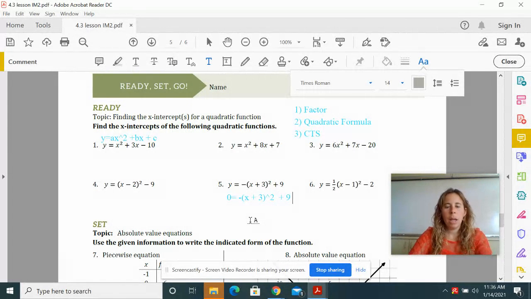And then you're solving for x. The first thing I'm going to do is subtract 9 from both sides, so I get negative 9 equals negative x plus 3.